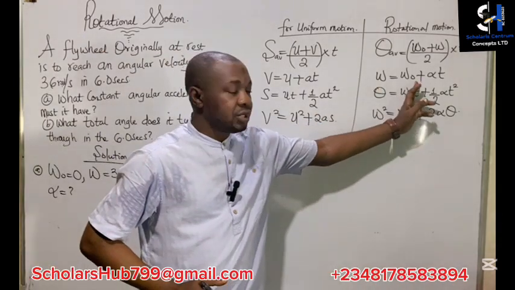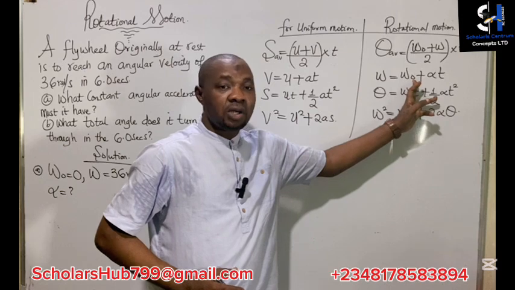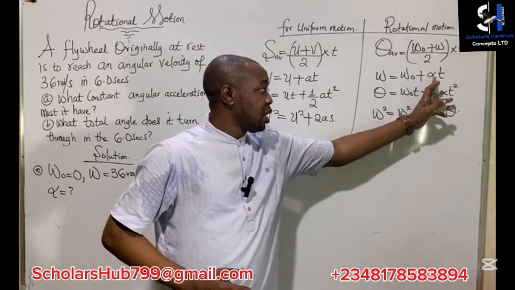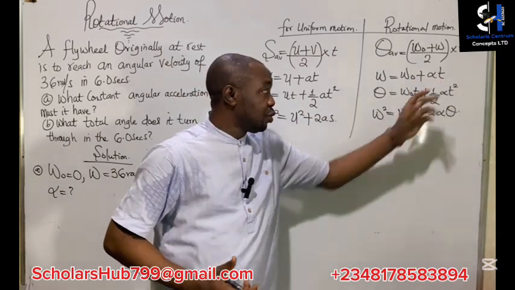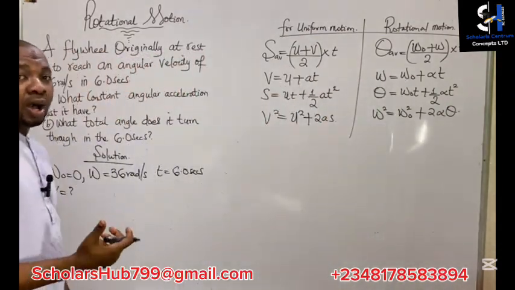To calculate the angular acceleration, we use this equation: final angular speed equals the initial angular speed plus the angular acceleration multiplied by time. Don't forget, this is the final angular speed.